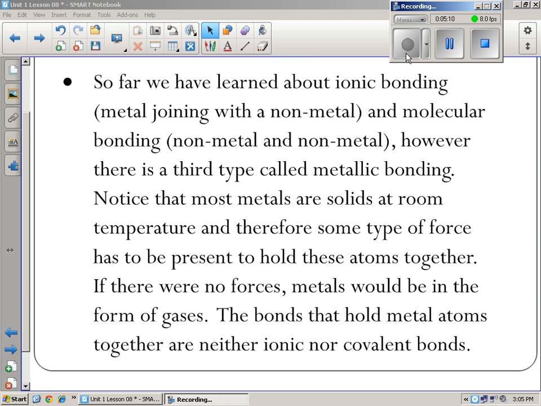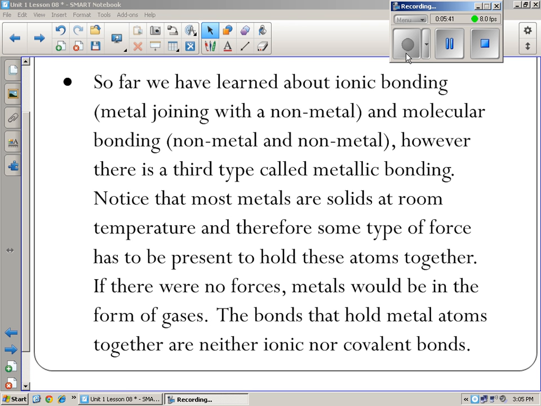Okay, so like I said, we talked about this already, but the one we're going to focus on today is metallic bonding. Once again, most of the metals at room temperature are solids, except mercury. That means they have to have a strong enough bond to each other, a strong enough force to keep them together in a solid state.